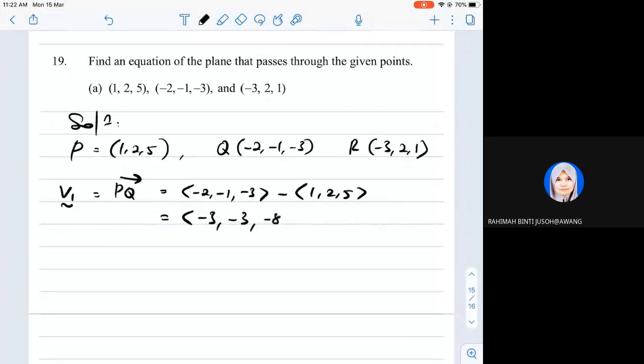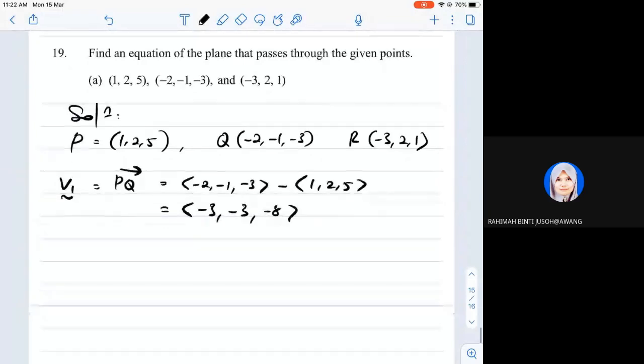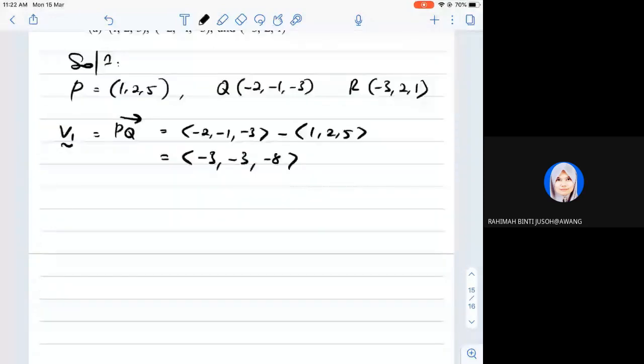So now V2 is from P to R. So vector for R, -3, 2, 1, minus vector for P, 1, 2, 5.